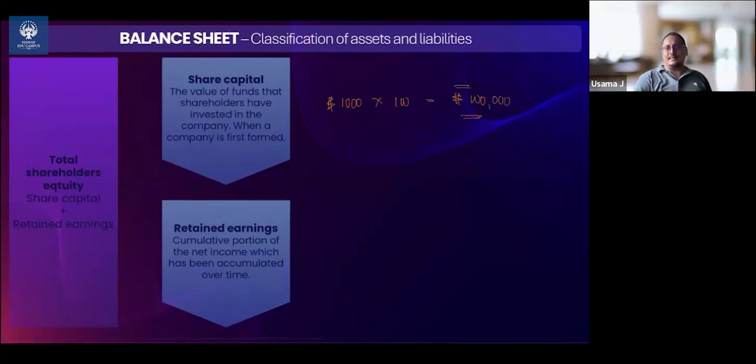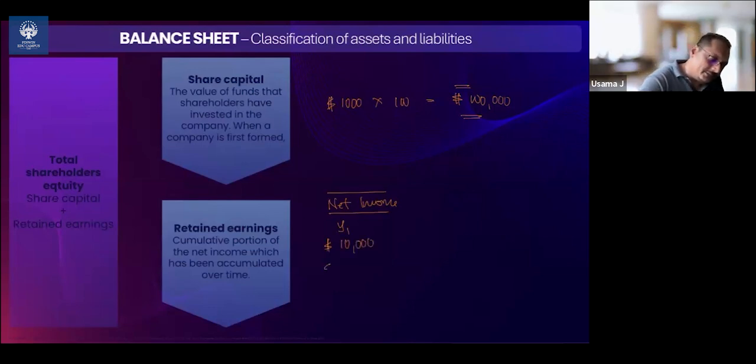Retained earnings. So this is an interesting one. Right? Just as the name suggests, retained earnings, what we hold back. So you will have, for example, net income. In year one, this is my first year of operations, right? I had net income of $10,000, right?